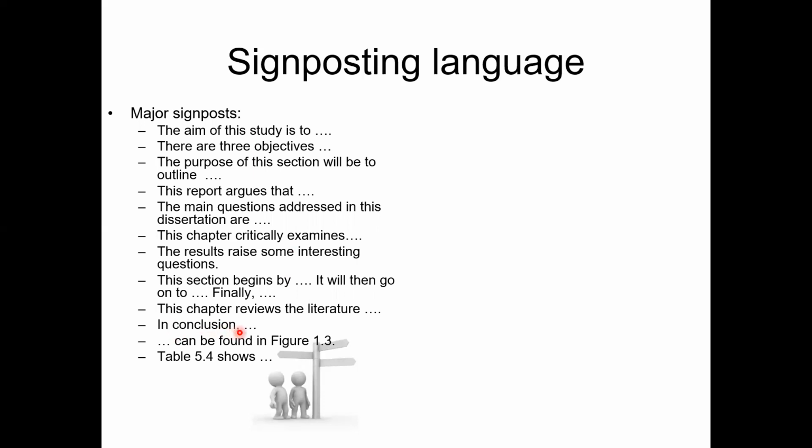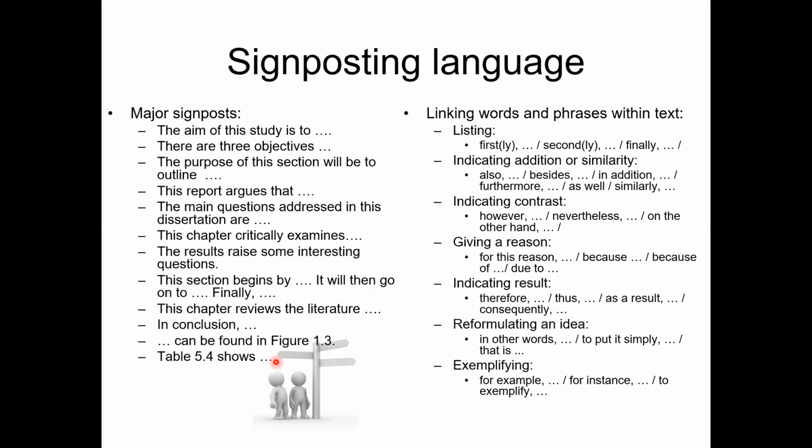In conclusion, it must be said, and these are also major signposts when it comes to indicating where the results can be found: figure 3.1 or table 5.4 shows. It indicates to your reader major places where they have to stop and look and absorb what is in the figures or the tables.